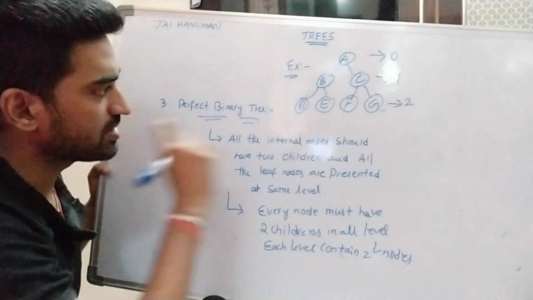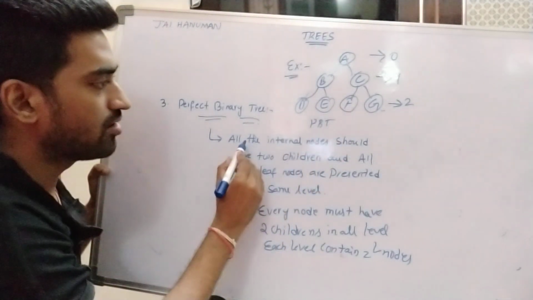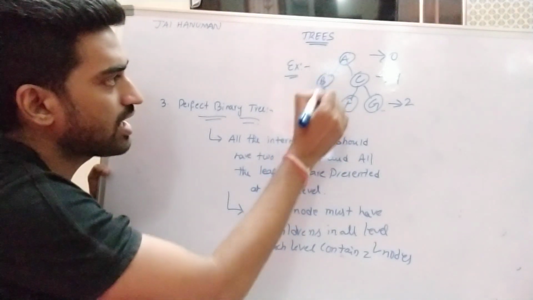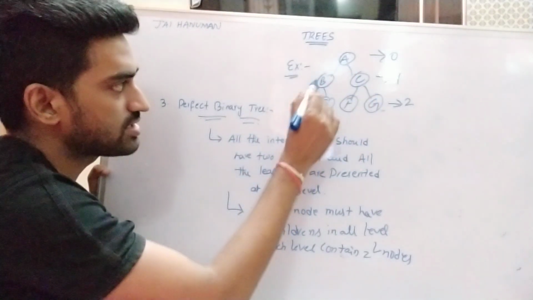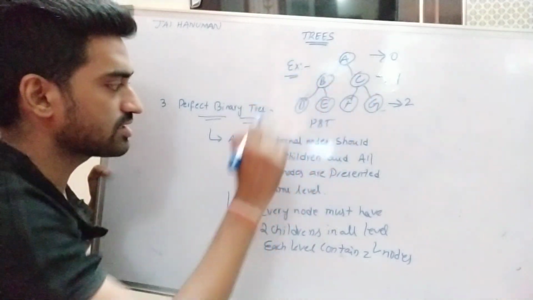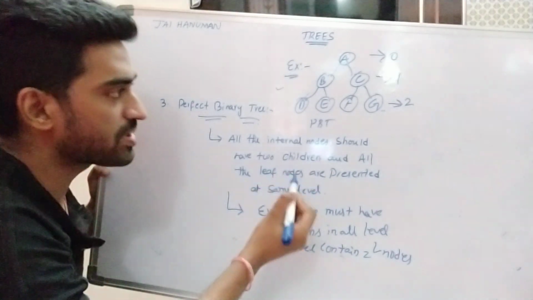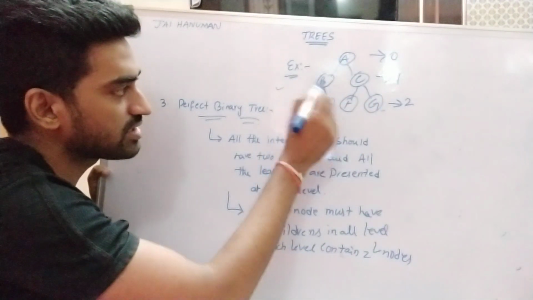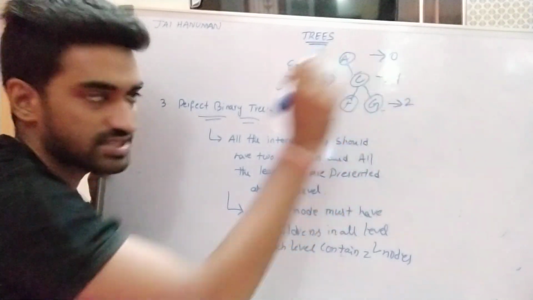So here this is a perfect binary tree. Why? Because all the internal nodes have 2 children. A contains 2 children, B contains 2 children, C contains 2 children. All the internal nodes contain 2 children. That property is satisfied. And all the leaf nodes are presented at the same level. What are the leaf nodes for this one? D, E, F, G. All the leaf nodes are presented at the same level.